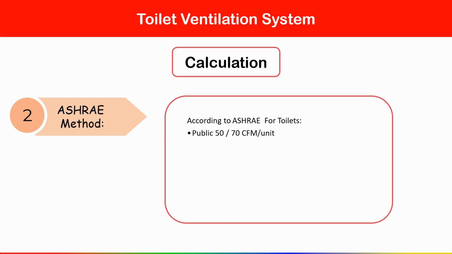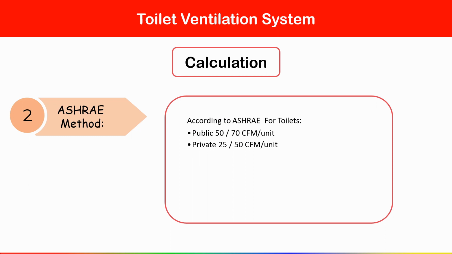If your fan is not running continuously, then you have to take 70 cfm per unit, for each toilet. Now for private, 25 to 50 cfm per unit, meaning for each toilet.